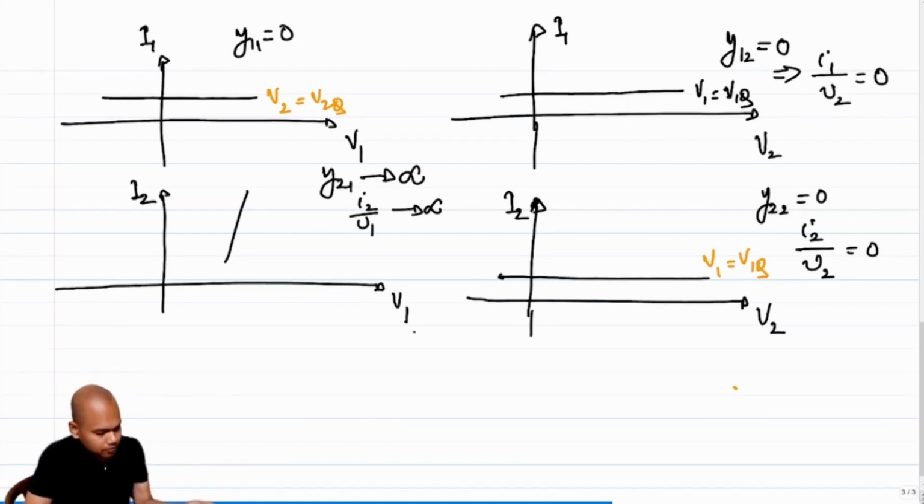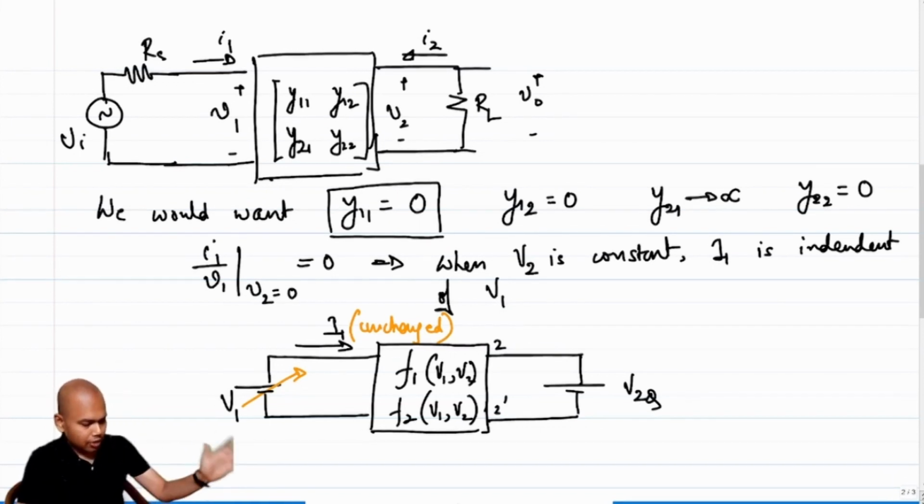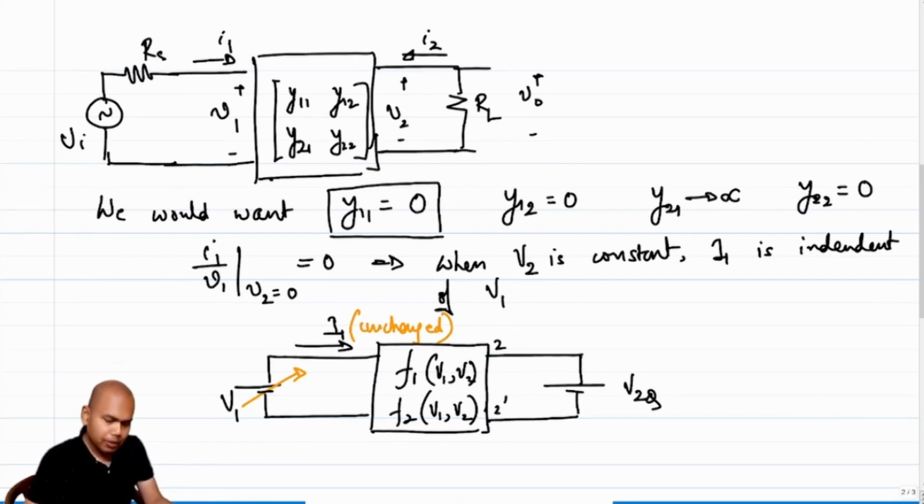Now note that all I have done is extrapolated the total IV characteristics from the slopes. I have not done anything else. The statement that I made here, that when y11 equal to 0 means that when v2 is constant, I1 is independent of v1, right?